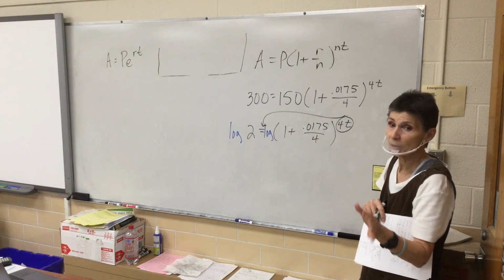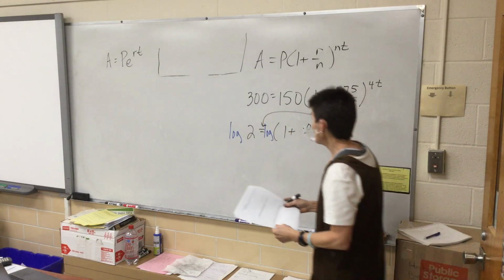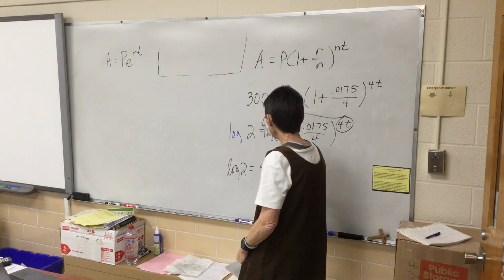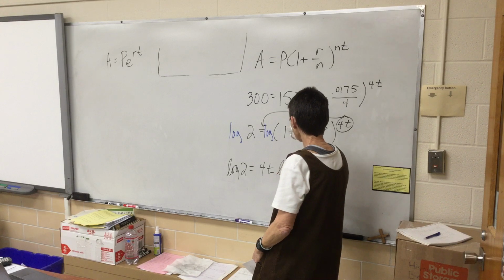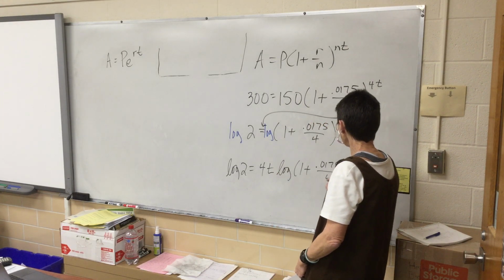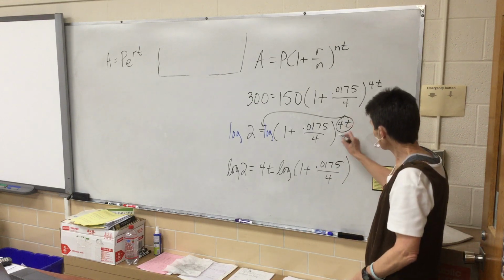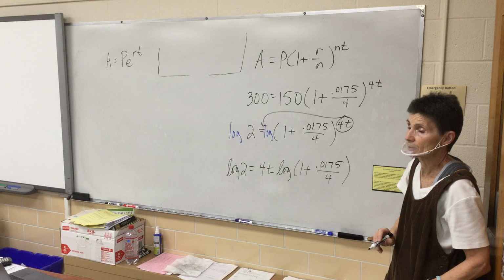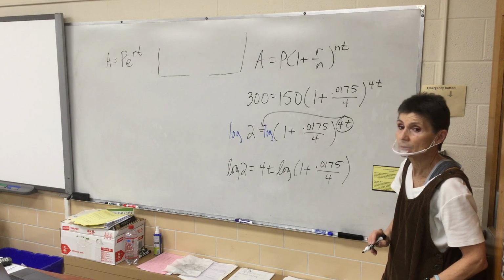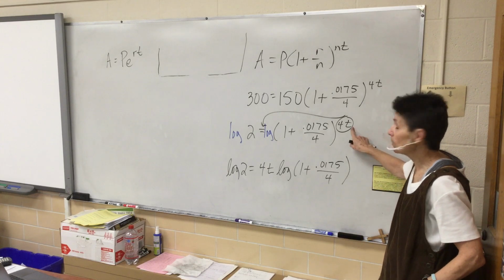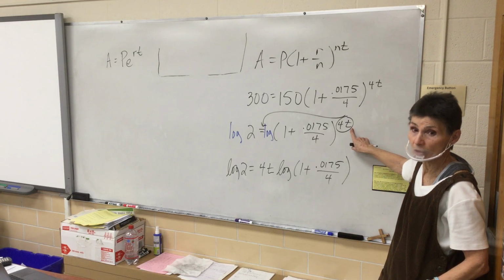The whole exponent comes out in front. So now I have the log of 2 equal to 4t log 1 plus 0.0175 over 4. This comes out in the front. Is this because t is the variable? When the exponent is the variable, you have to use logarithms.